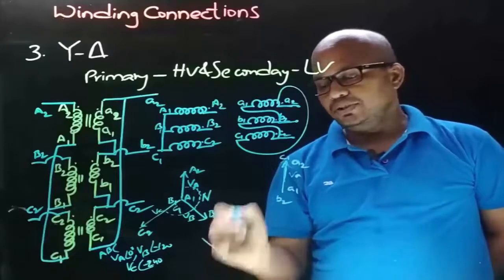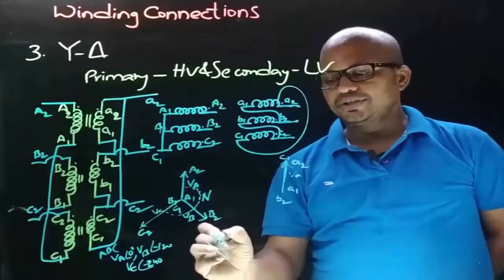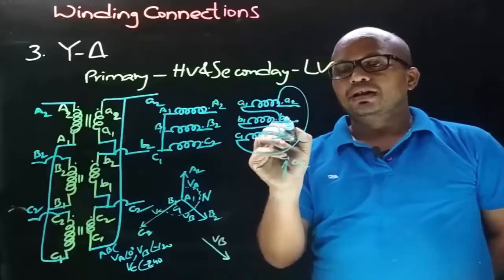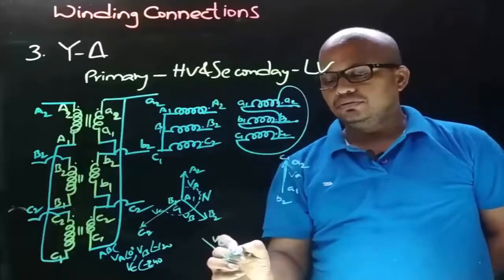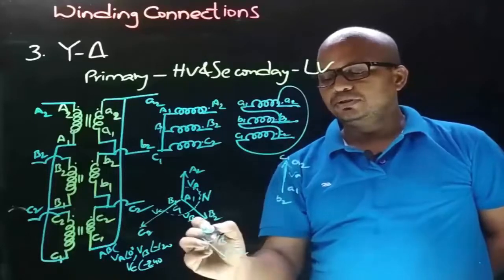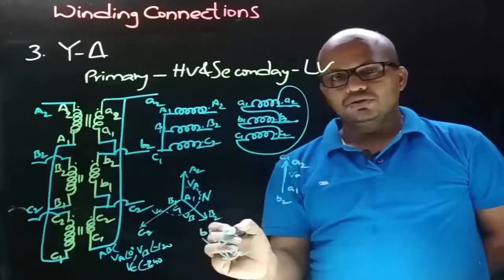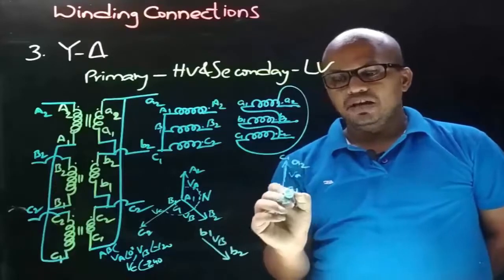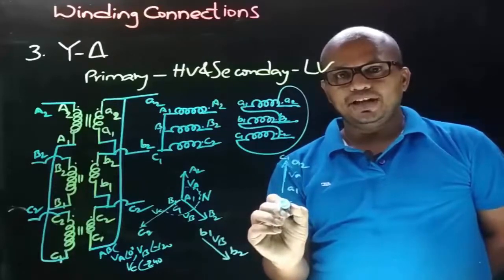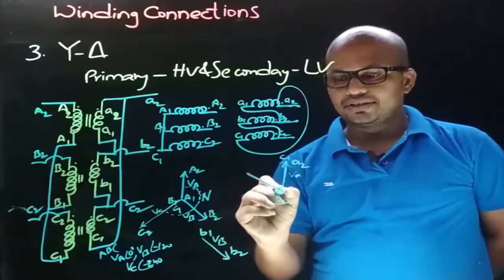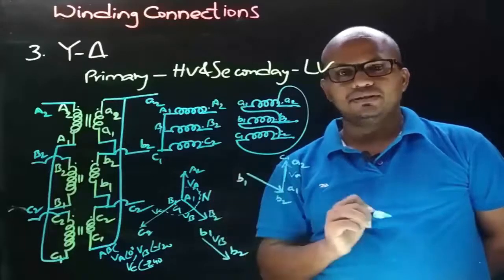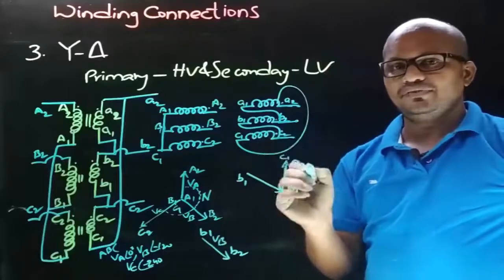So we took the direction like this, and now we need to decide the terminals. As B2 is the connection we took from, the arrow will point towards B2, so the other end will be B1. Now coming to this phasor diagram, observe that A1 is having the B2 end, so this phasor must be drawn like this. So this end will be B1.